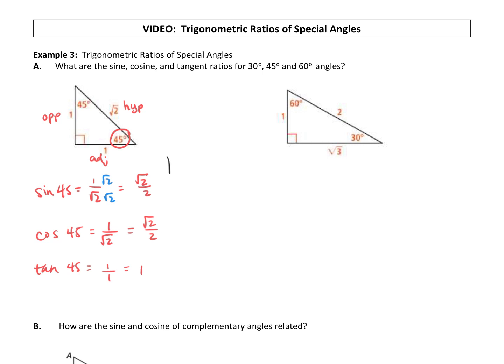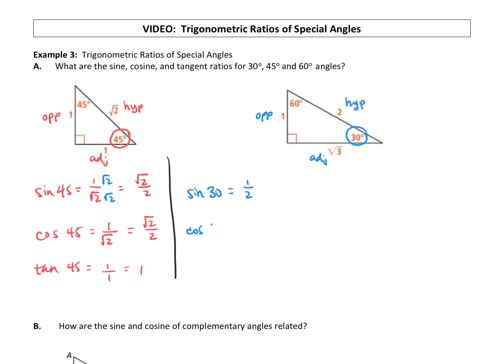Now we're going to move on to our 30-degree angle. Let's find the sine, cosine, and tangent of 30. If I go to the picture, here's 30 degrees. I'm going to label the opposite side as 1, hypotenuse as 2, and adjacent side as root 3. So sine of 30 degrees is the opposite over the hypotenuse, so 1 over 2.